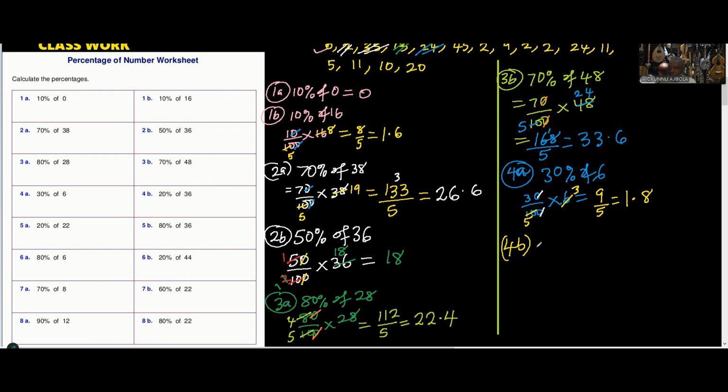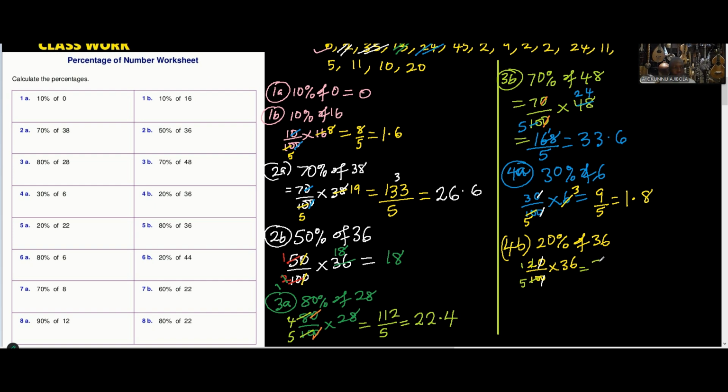Okay. Now 4B says 20% of 36. So this is 20 over 100 times 36. So again, 0 can cancel 0. Then I can still divide further by 2. So 2 here gives 1, 2 here gives 5.